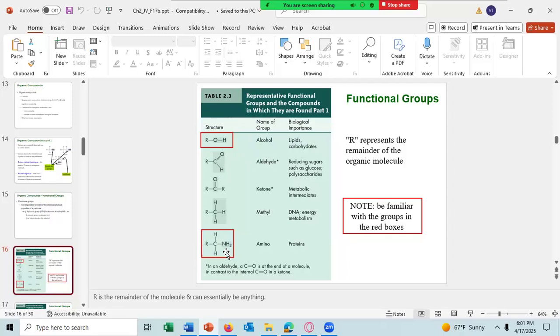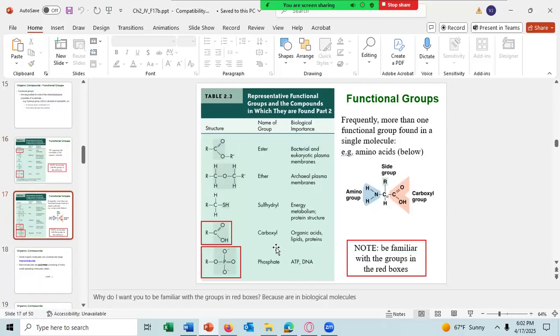This is the amino group, NH2, when bound to a carbon. That's the amino group, and that you find in amino acids and proteins. The next functional group we're going to talk about is the carboxyl group. That's the C double bond O and then an OH, and sometimes it's called the COOH group.